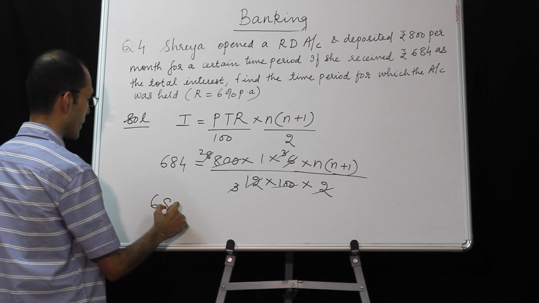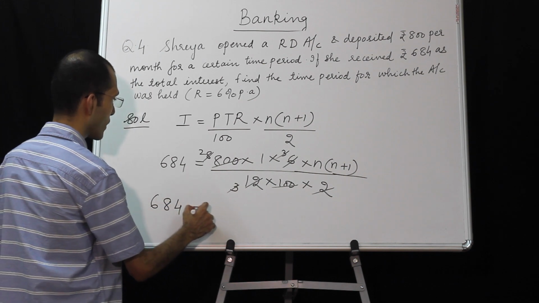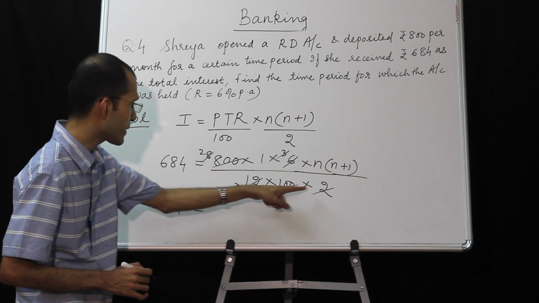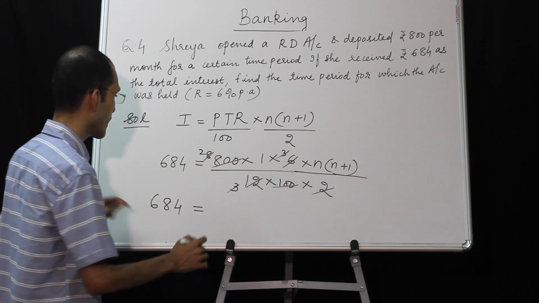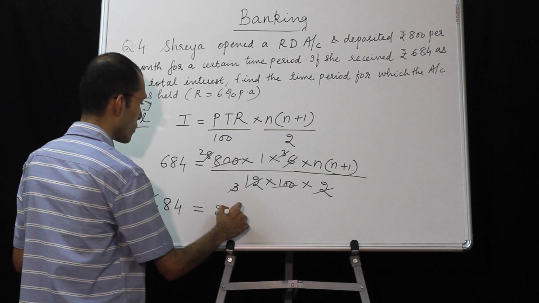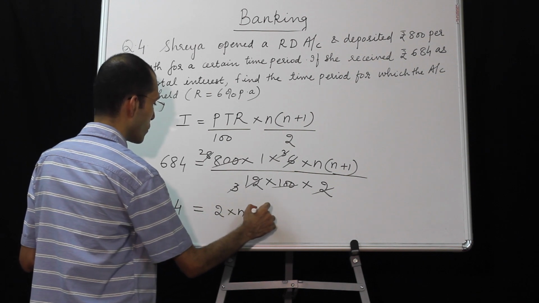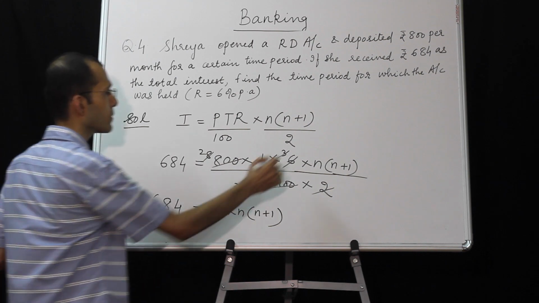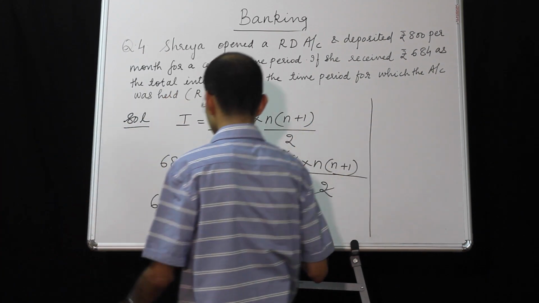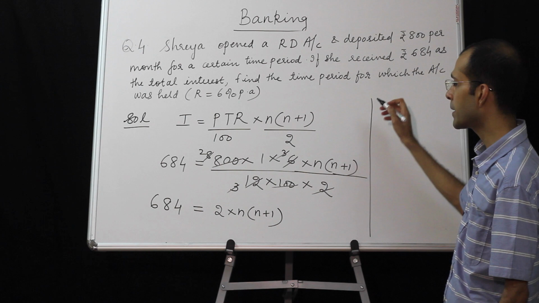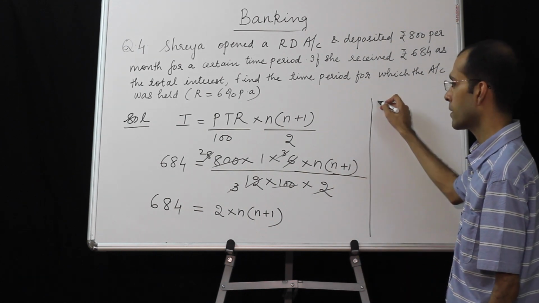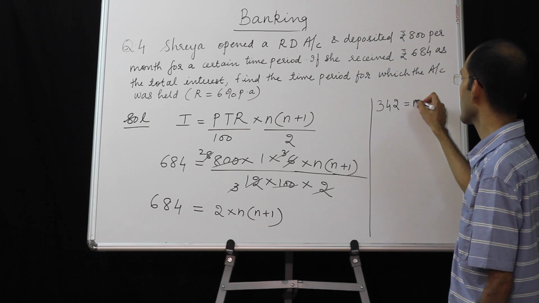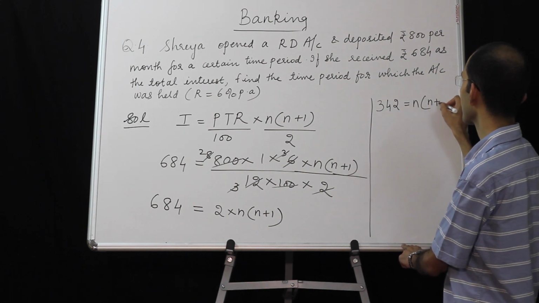So we are left with 684 equaling 2, rest everything has got cancelled. 2 into n plus 1. Now this 2 can be taken down, so that will be 684 divided by 2. So 342 is equaling n into n plus 1.